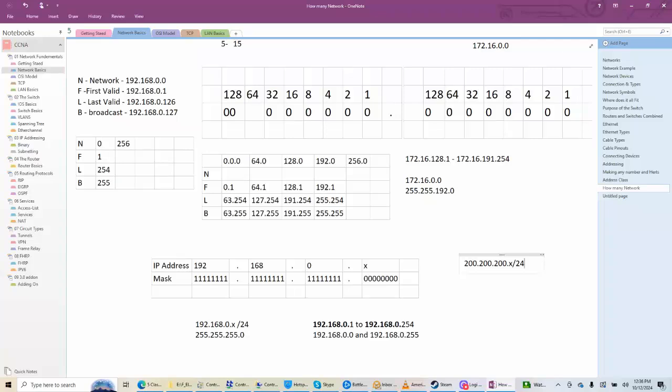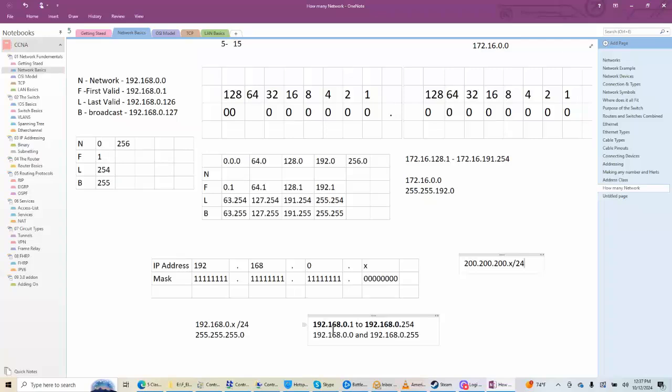So we have private IP address ranges that we have decided for every class that we're going to use in order to not be routed via the internet. That's why every time you buy a router from Best Buy, it always has a 192.168.0.1 or 192.168.5.1, whatever.